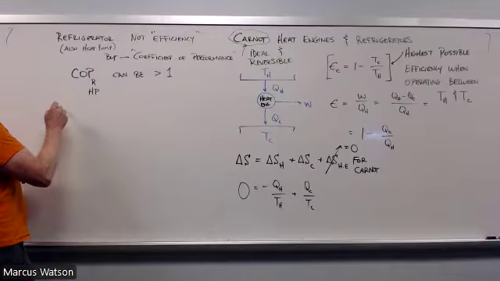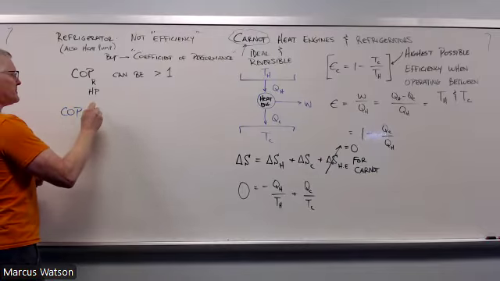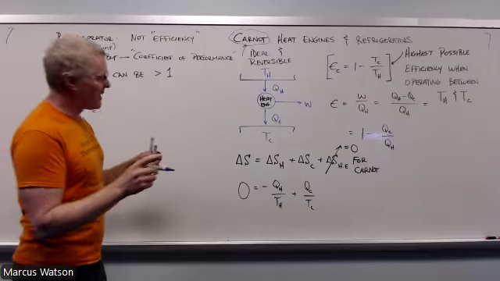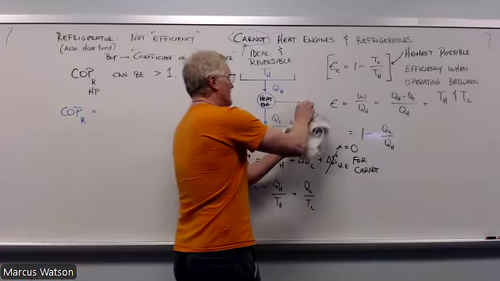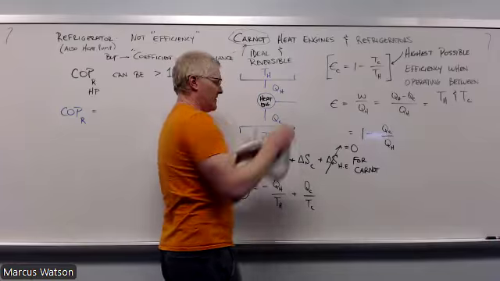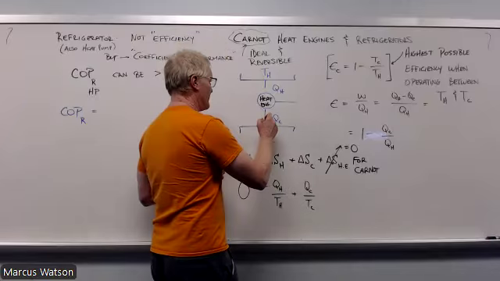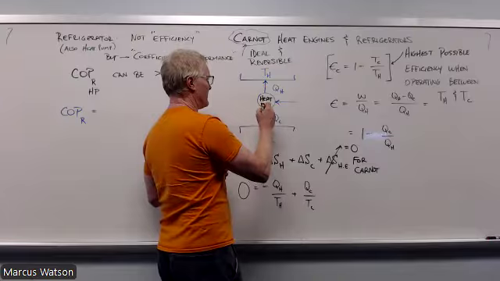When you look at the COP, let's look at a refrigerator here. The COP of a refrigerator. Well, let's go back to a refrigerator quickly. And what does a refrigerator look like? Well, it does this. Backwards, backwards, and backwards, like so.